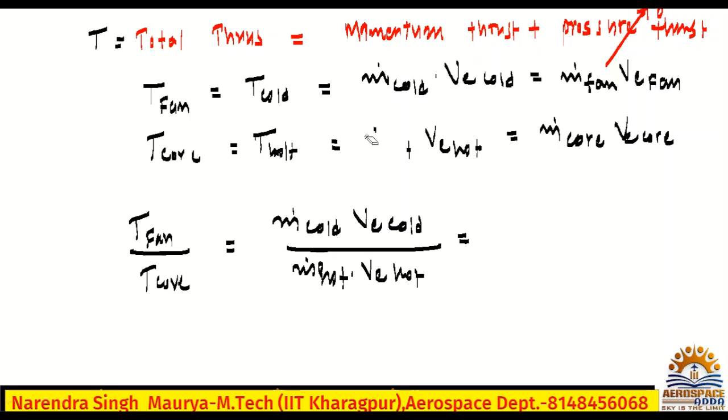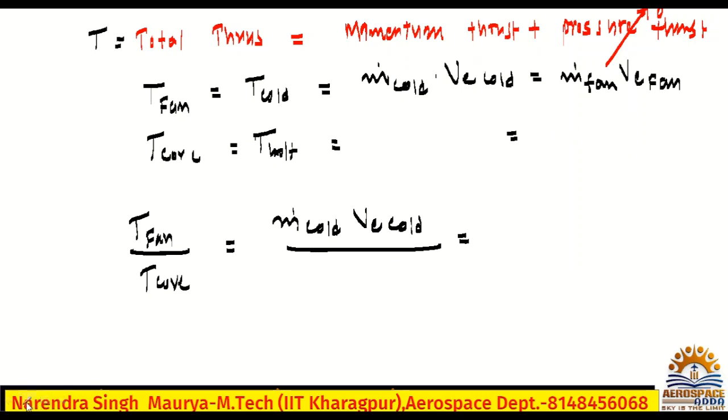So here it is given, so I will write this part better. Once again I will write this. Check. So hot thrust will be m dot fuel plus m dot hot air into V exhaust of the hot air.